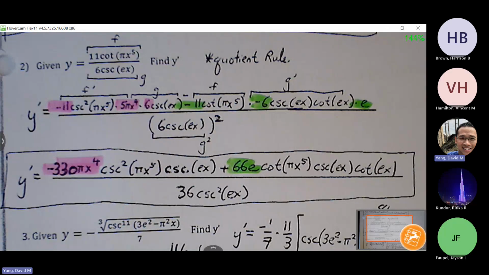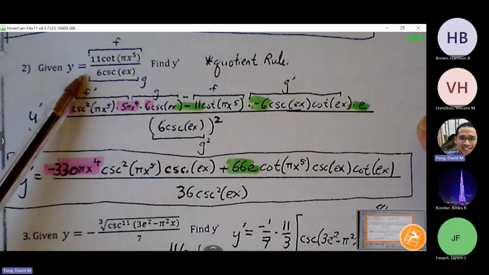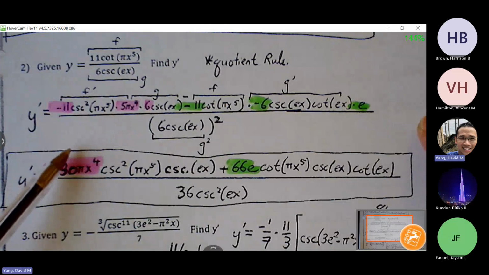All right, questions with 2. All right. Yeah. For the g prime, why would it be cotangent for all of it for g?